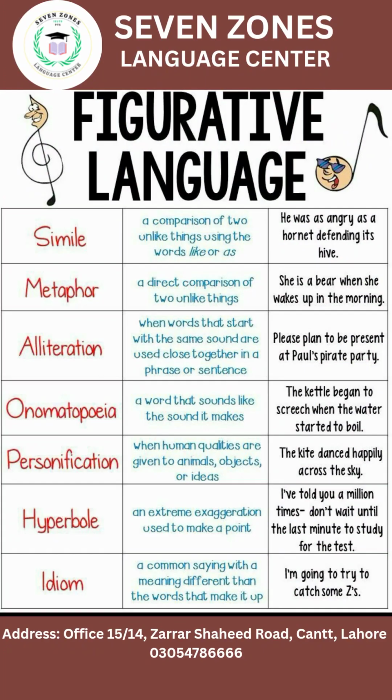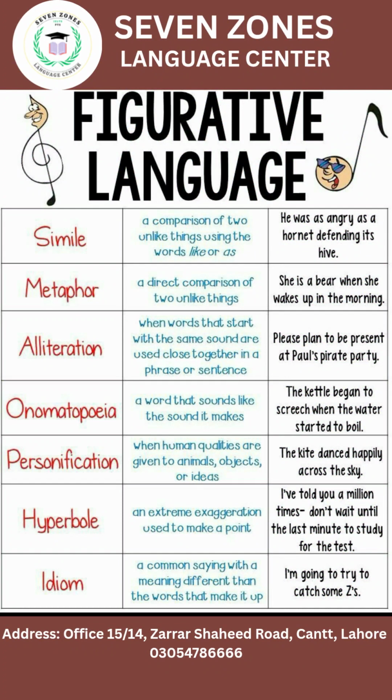Now you can see the repetition of the sound p here. Repetition of certain sounds within one phrase or one whole sentence is known as alliteration. For example, slithery, slimy snake. You can see there's a repetition of the sound s. So that's known as alliteration.